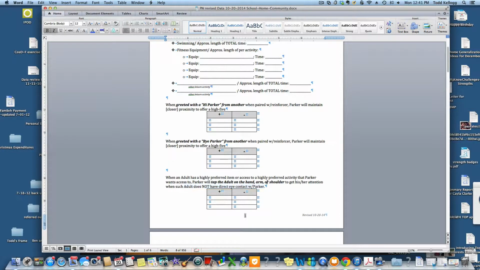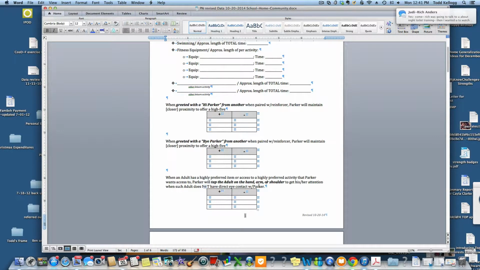So if we purposely turn our head away and have something Parker wants, then ideally he would touch our hand or tap our hand or shoulder. If he doesn't do it, you can turn around and use a little hand over hand to take his hand and gently tap your hand or shoulder, and then you can quickly turn and offer him the attention or item that he's looking for.